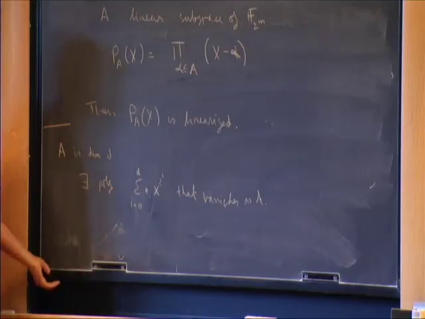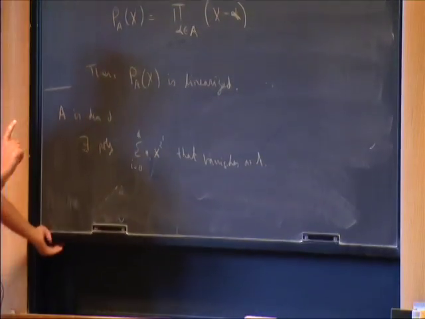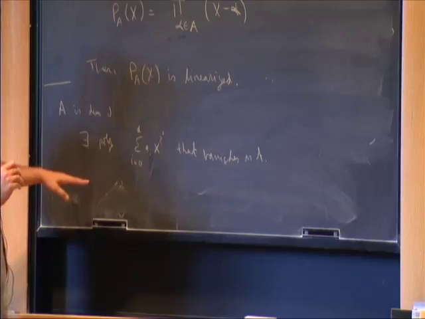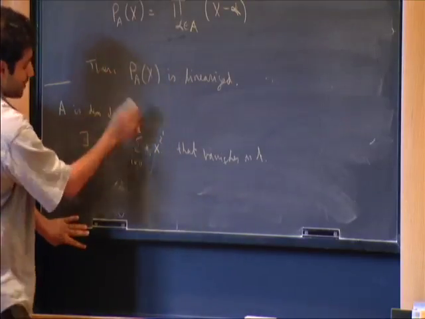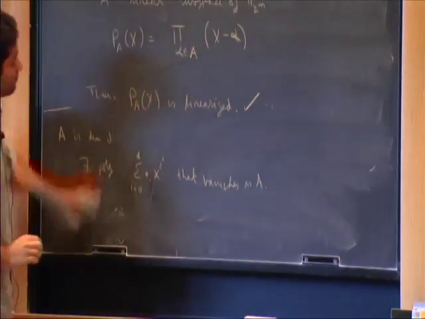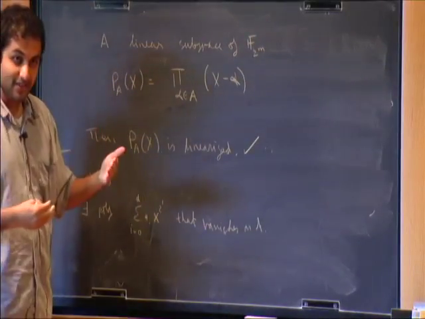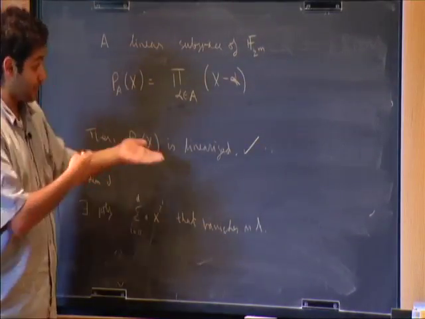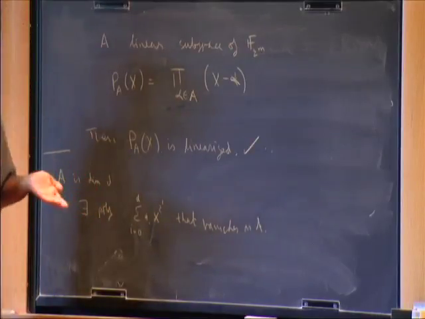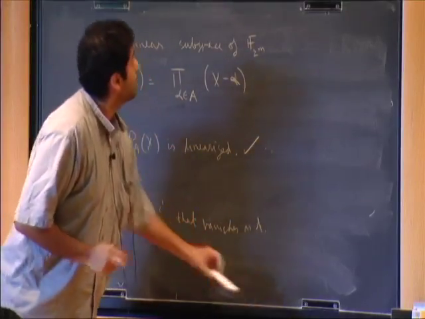Okay. So all right, that proved that P_A of x is linearized. So for every linear space A, there is a polynomial that vanishes on A, and in fact this polynomial is linearized and it's of degree exactly 2^D. Okay.